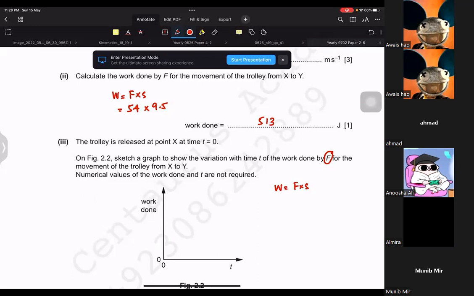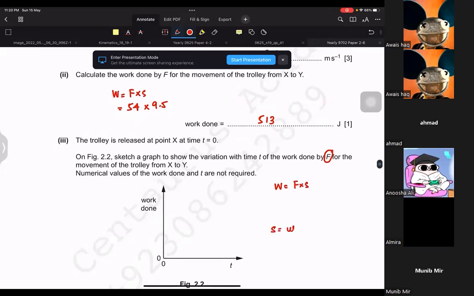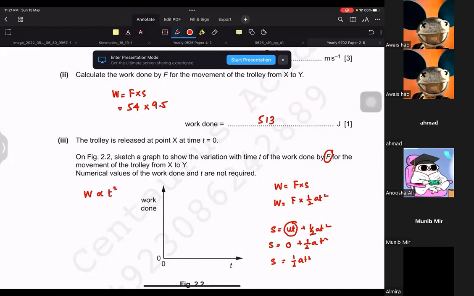So how about if we change displacement to ut plus half at squared? So s will be the same. This will be 0 because initial velocity was 0, so s is equal to half at squared. If I replace this, F times half at squared, this means that work done and time have a relationship of square.